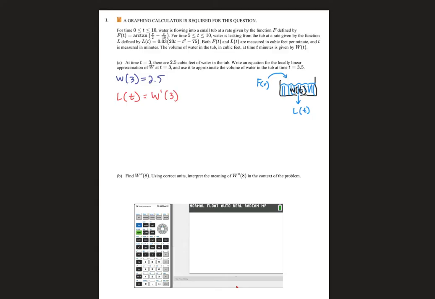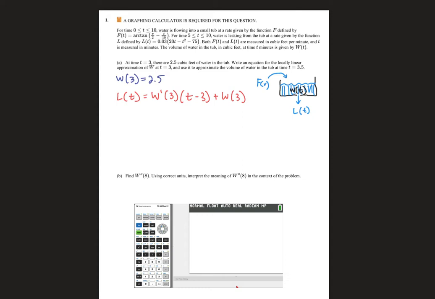So we're finding this L of t specific to a certain point in time, in this case when t equals 3. So that's the slope at 3. And this will just be t minus 3, and then plus W at 3.